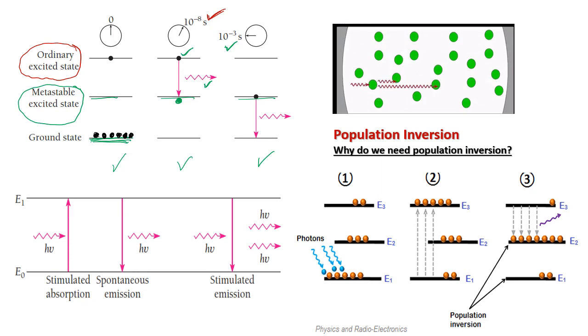So the ordinary state has a lifetime of 10 to the power minus 8 second, and the metastable state, which is also among the excited states, has a lifetime of 10 to the power minus 3 second. This state has a major role to play in the lasing process. Mind it, these metastable states are usually present in a mixture of gases or compounds. In a single atom you are not going to find a metastable state.